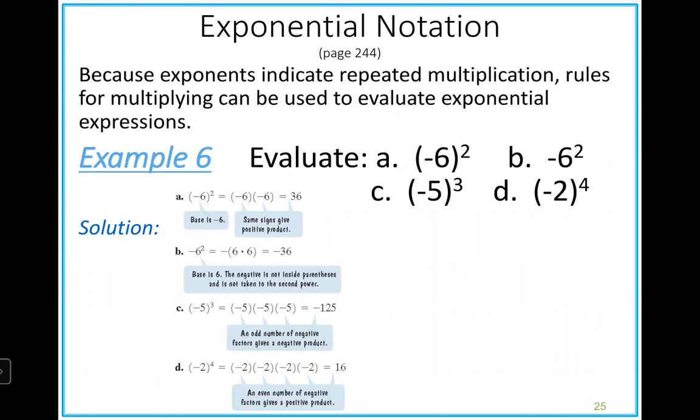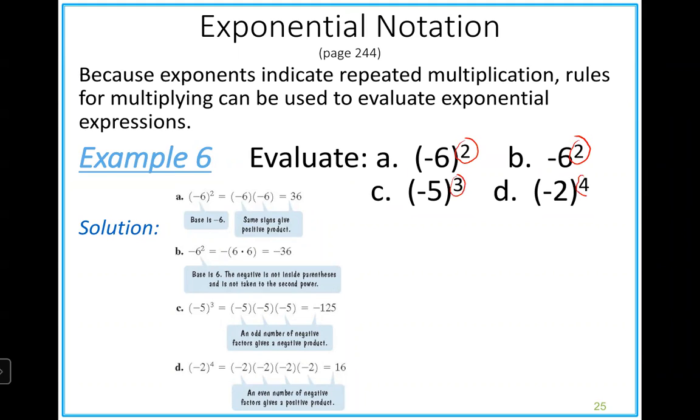So here now we are looking at exponential notation. And when we talk about exponents, basically we're looking at what we refer to as powers. Okay. So this here 2 is the exponent. This here is an exponent. This here is an exponent.